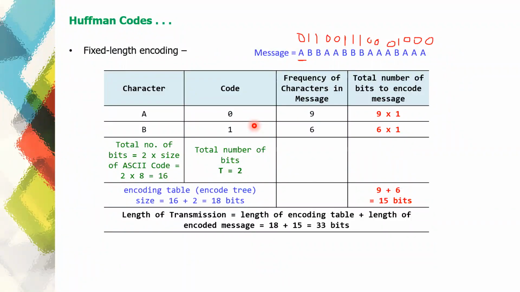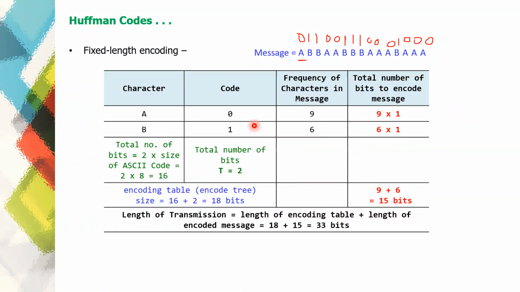On the receiver side, decoding will also be done using the same ASCII code. Both the sender and receiver already know what ASCII code is. ASCII code is an international standard. So encoding can be done and decoding can also be done.